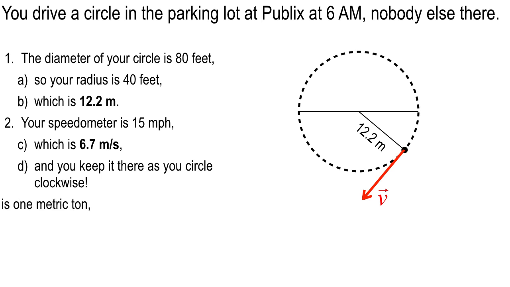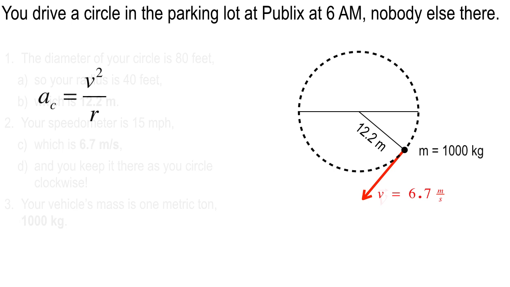All right, now let's say that your vehicle's mass is 1 metric ton, just so we have a nice round number. That Google car was probably smaller than that. Your vehicle's probably bigger than that. But I'm sure there's cars that are 1,000 kilograms. No problem. So here's the specs. Speed 6.7 meters per second. Mass 1,000 kilograms.